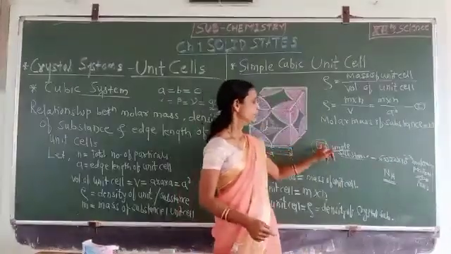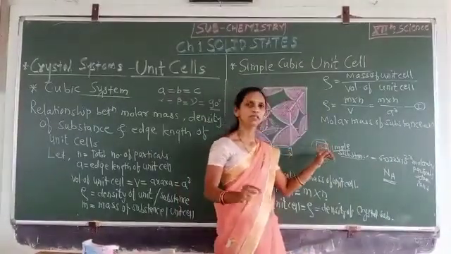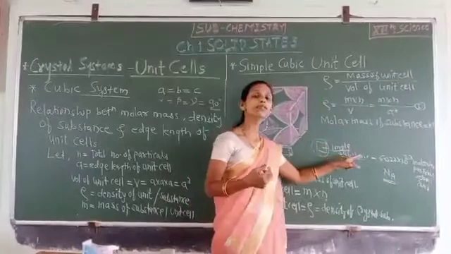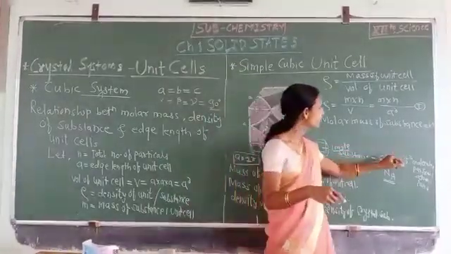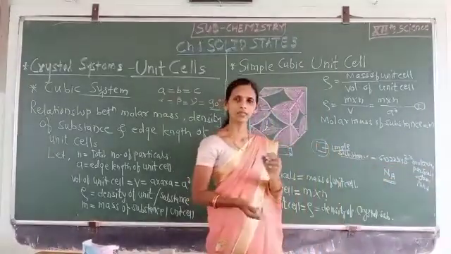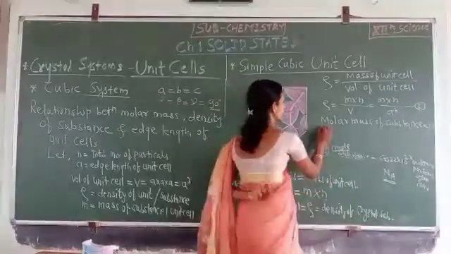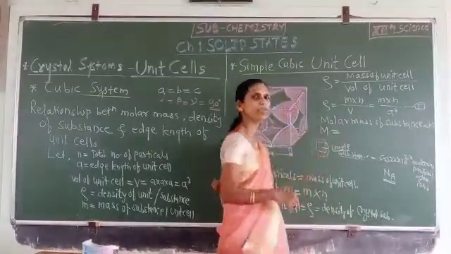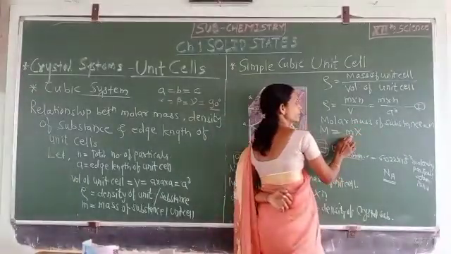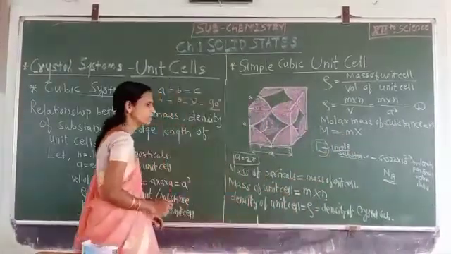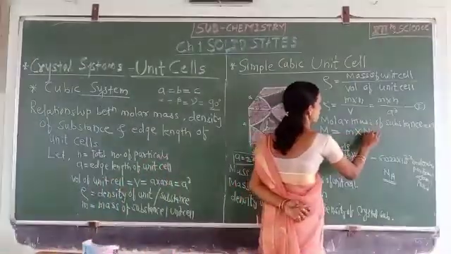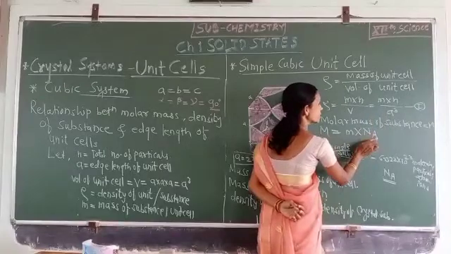Then the molar mass of that substance is nothing but the mass of the 1 mole of substance, meaning the mass of 6.022 into 10 raised to 23 particles present in that substance. Therefore, here capital M, the molar mass of the given substance, is nothing but small m, the mass of that particle, into the total number of particles present in 1 mole of that substance, that is N.